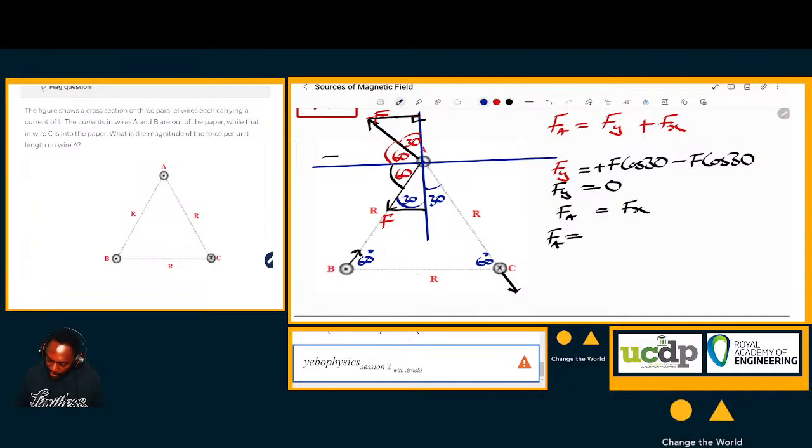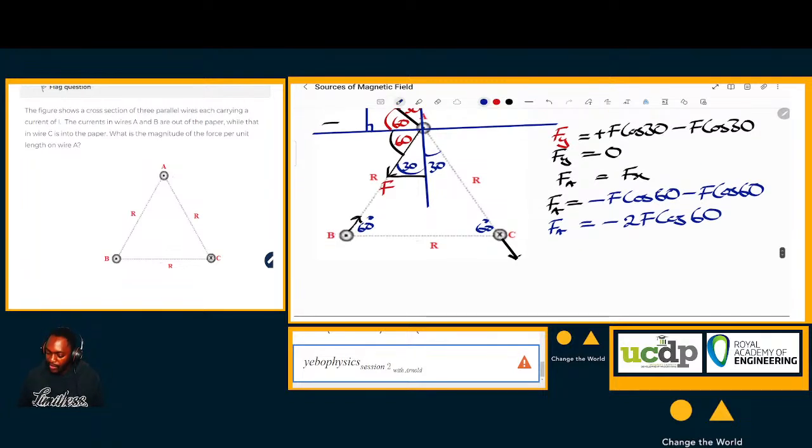If you close there, you have a right angle triangle. So it's going to be negative F cos 60 minus F cos 60. So your Fa is going to be equals to negative 2F cos 60.